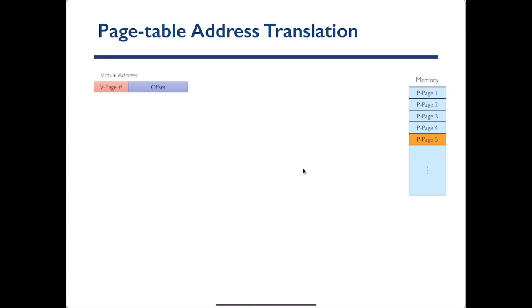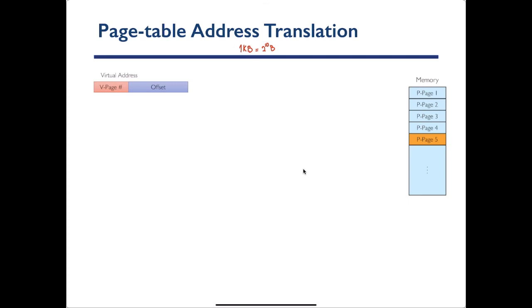Now, the size of a virtual page, let's say if your pages are 1 kilobyte. So if you have a page that is 1 kilobyte, how many bytes do you have in your page? So 1 kilobyte is 2 to the 10 bytes.